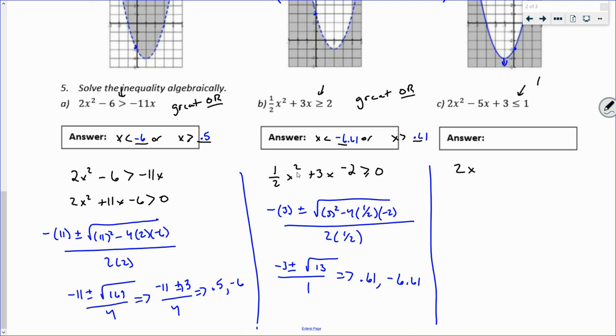First thing I want you to notice is that the orientation has changed. It's now a less than sign, which means it's going to be this style.